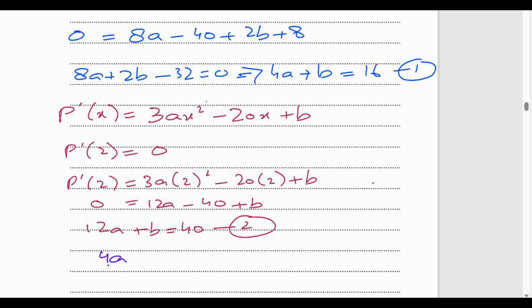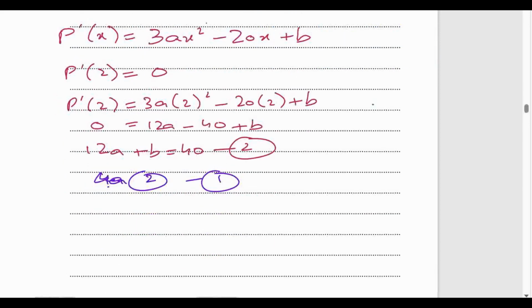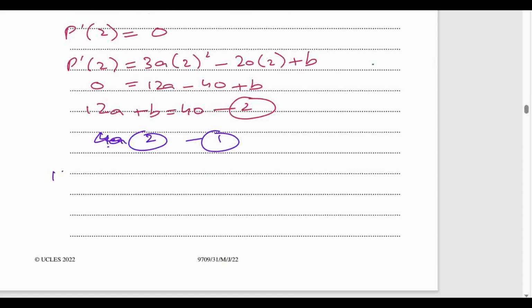If we do equation 2 minus equation 1, this will be 12a plus b is equal to 40, and what was equation 1? 4a plus b is equal to 16.